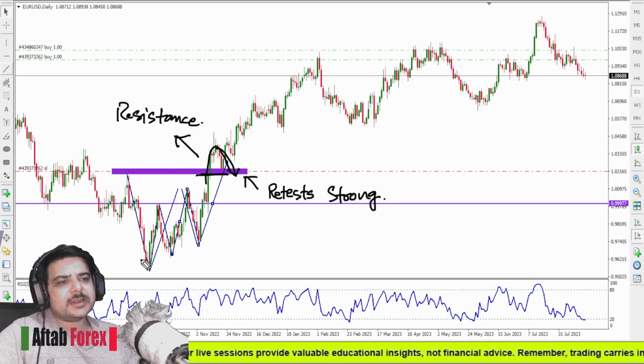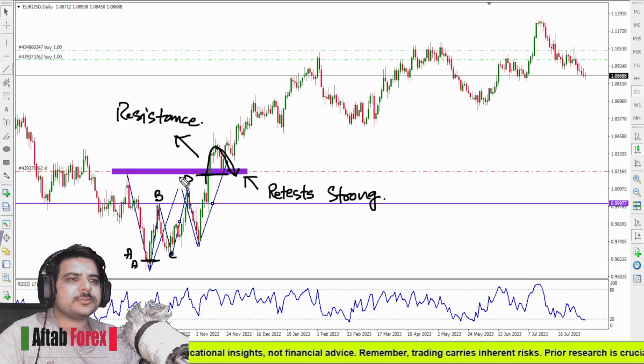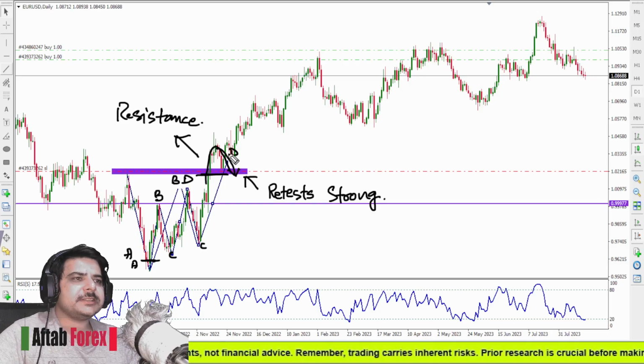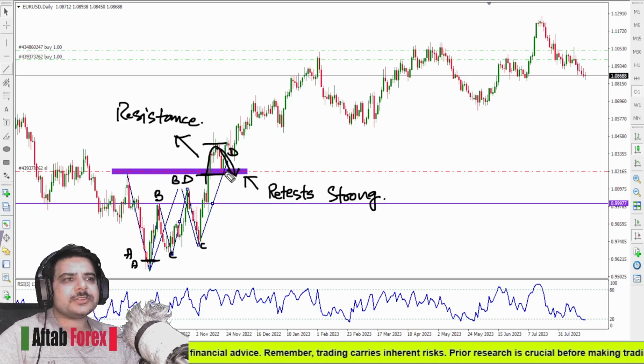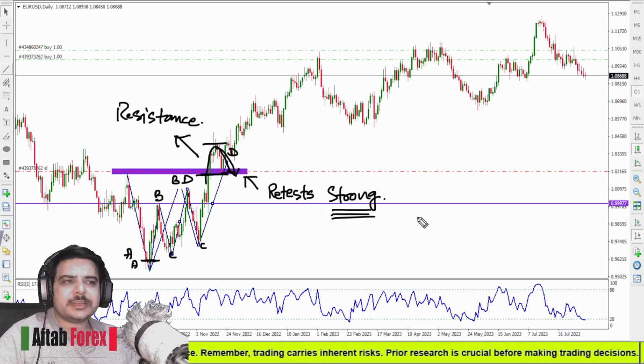If this market, all the way from right here, is establishing this bullish ABCD, and then this one along with that also started and got completed, we got a break above structure, we got a retest. So retests are strong indicators. That indicates what?